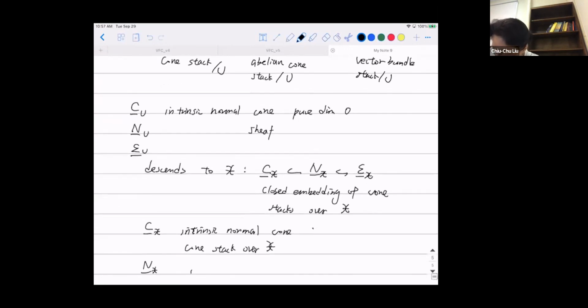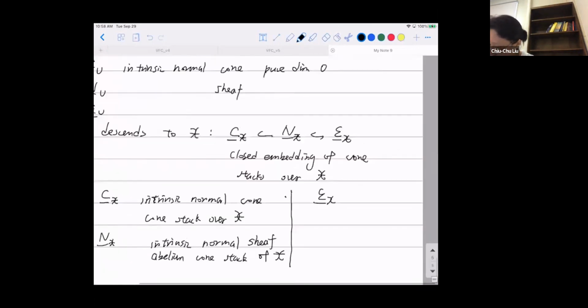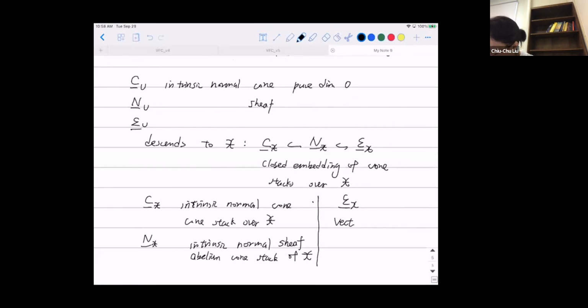And this is the intrinsic normal sheaf. It's an abelian cone stack over X. And finally, we have this. So these two things are determined by X itself, whereas this vector bundle stack, so this is some vector bundle stack of what rank?